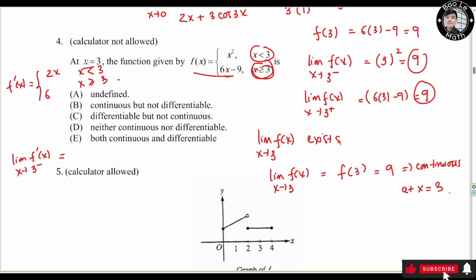It's going to be this guy right here. 2 times 3 is going to be 6. And this guy actually equals the limit of f prime of s when s approaches 3 plus, which is this guy right here, equals 6, right? So then you can conclude that the function is differentiable. So the answer must be E.